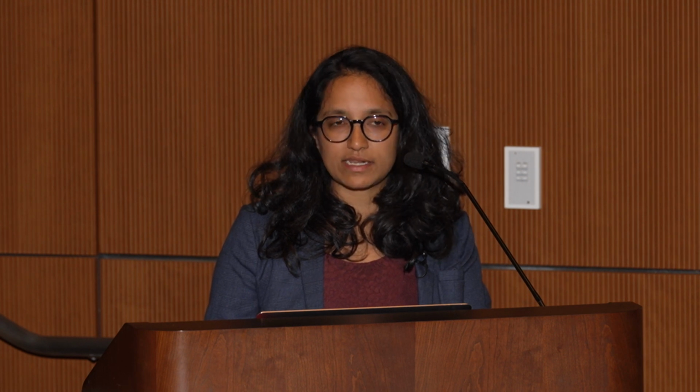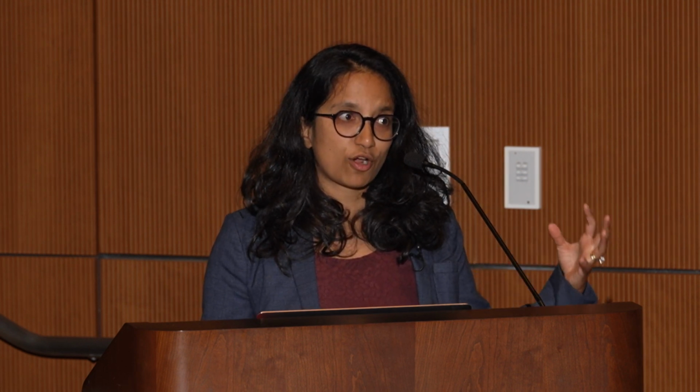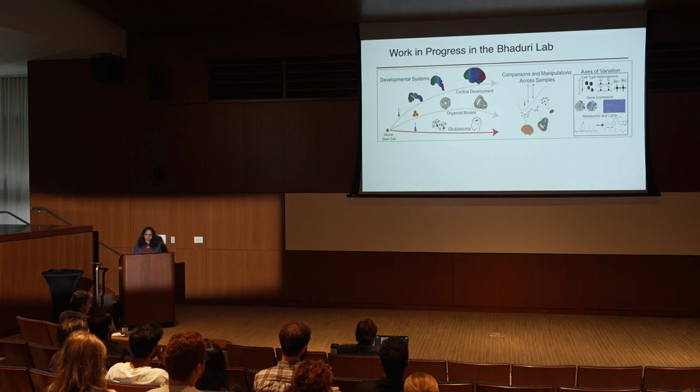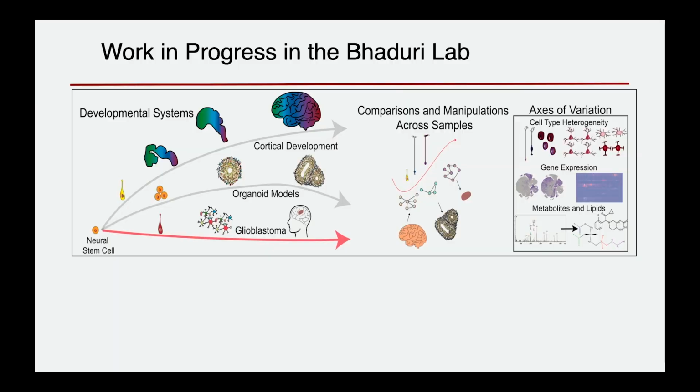Additionally, I'm fascinated by this idea that these neural stem cells, which are used to build the brain, are reactivated later in life, often decades later after when they're supposed to disappear, and that these cells have an incredibly important role in the genesis of brain tumors, including glioblastoma. And so in my lab, we try to compare between all of these different samples, use data and content from each of the experimental systems to be able to understand the others better.